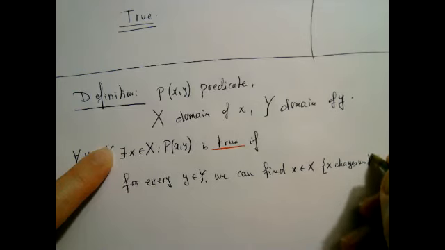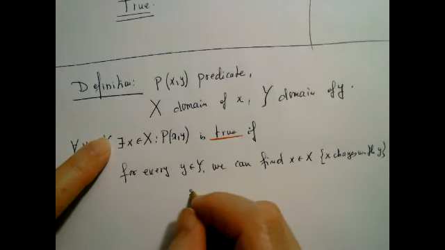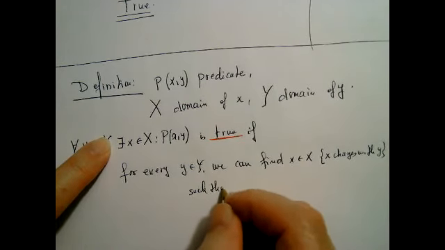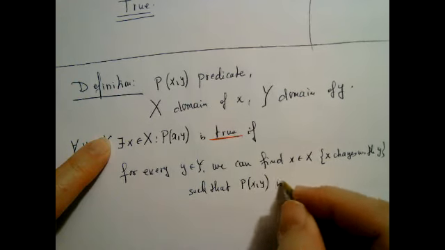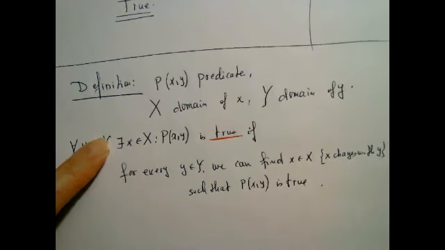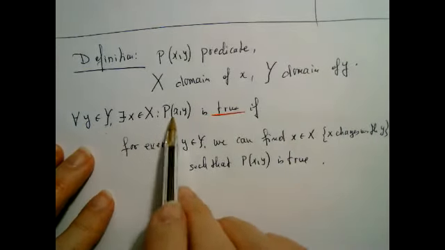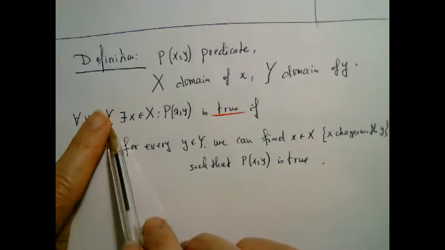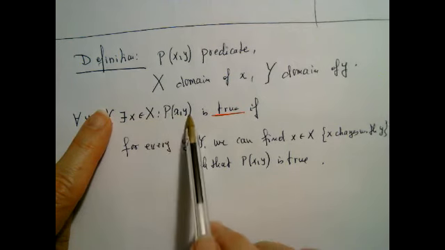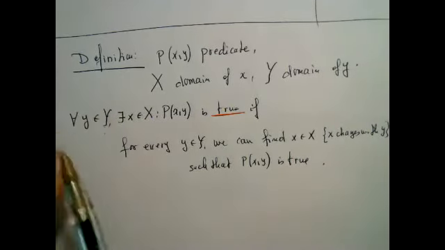So when y changes, x will change. We can find x in X such that P of x, y is true. So a statement for all y in Y, there exists x in X such that P of x, y, that's a true statement if no matter what y you give me, I can give you an x that makes the statement true. You change your y, fine, I can give you another x, and so on and so forth.